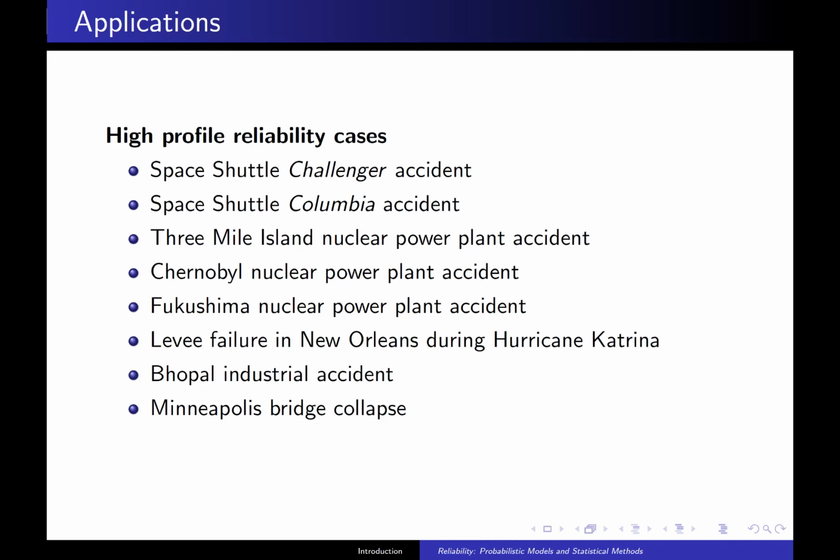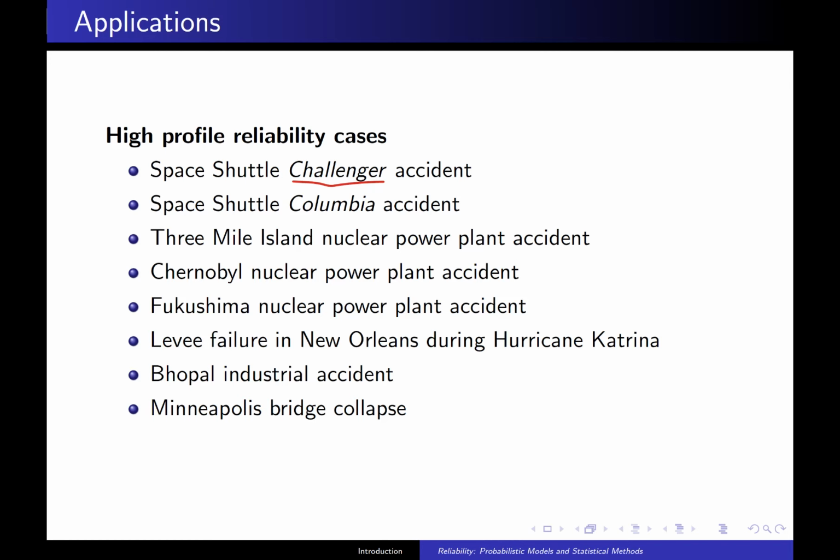There are a number of high-profile reliability cases. The first one in the list here is the Space Shuttle Challenger accident. And after that accident, the Rogers Commission went back and looked at the circumstances associated with the accident, and they determined that it was the O-rings on the solid rocket booster that caused the accident.